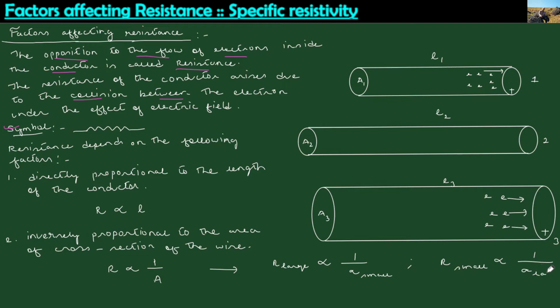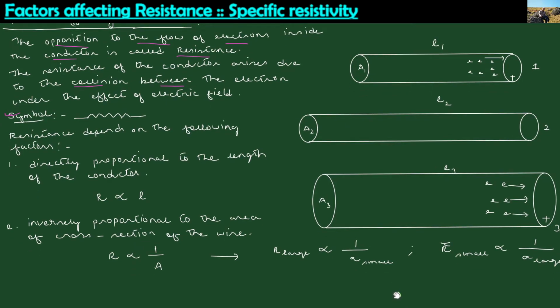That means when the area is large, more electrons can move freely, so resistance will be small. So these are some of the cases we have to consider, and make sure that all these conductors available might be in the form of aluminium, copper, gold, and so on.